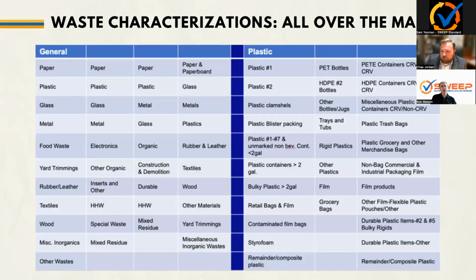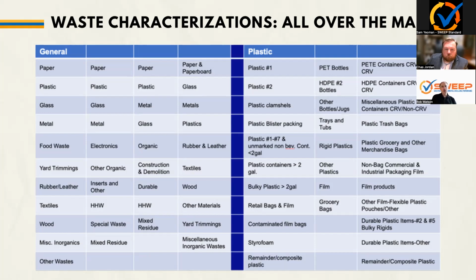Just as an example, I've looked at waste characterization studies for probably 50 jurisdictions. And I just picked 4 random ones, and spent 30 minutes going through them, looking at the general categories, and then the specific categories within plastics. This is not intended to be a scientific or comprehensive study, but merely an illustration of the challenges that one faces when one is trying to understand what's actually being thrown away and how it's characterized.